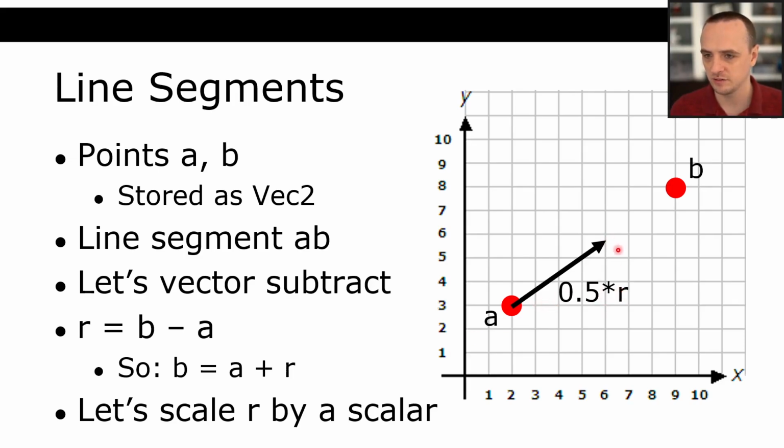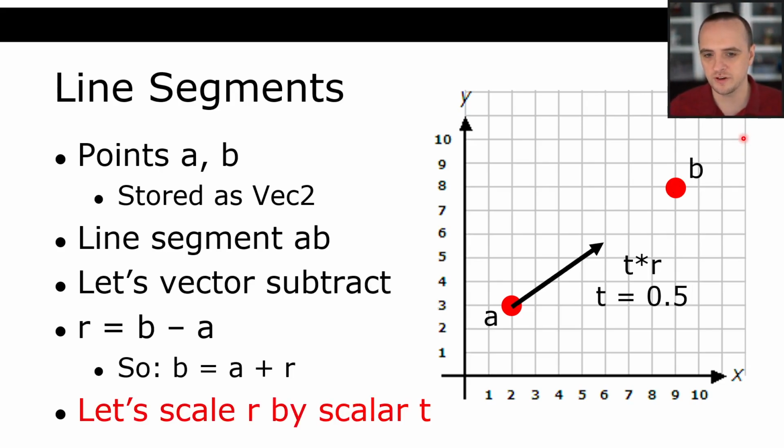So if we are at A and we multiply R by a scalar that's between 0 and 1, then we will get a destination somewhere between A and B. But if we multiply it by a scalar that's greater than 1, we will get a vector that lands beyond B. And that's going to come later.